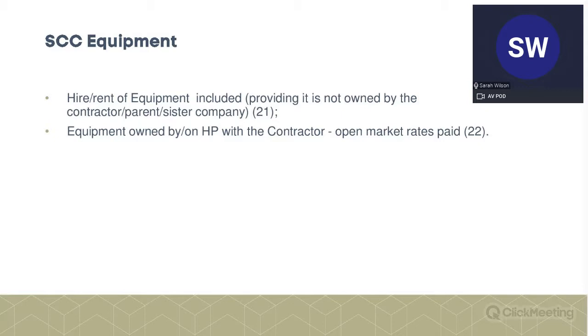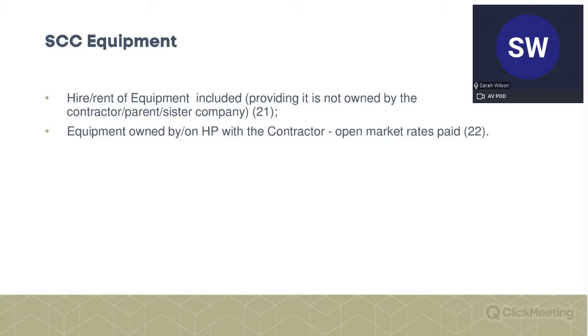When you've got the hire or rent of equipment, you get paid whatever you've paid for the hire or the rent, providing it's not owned by you as contractor or subcontractor, or a parent or related company. If it is, then you would get a market rate.